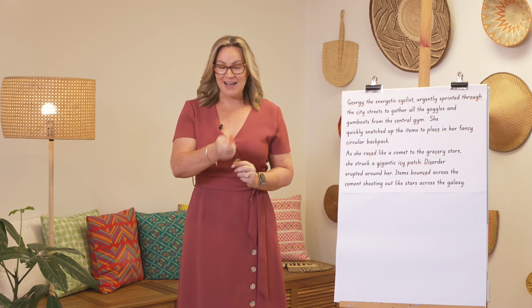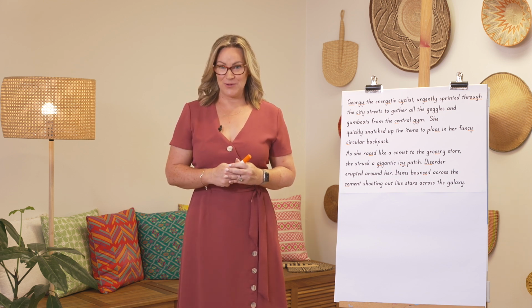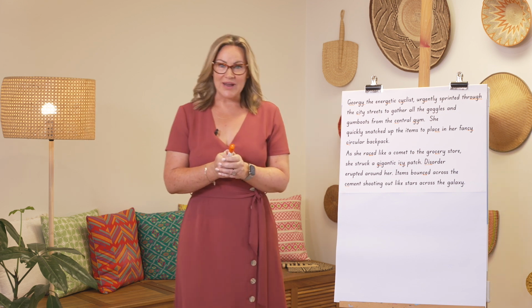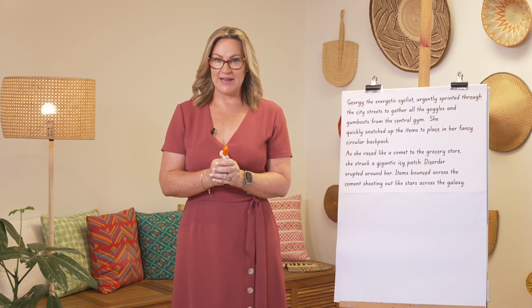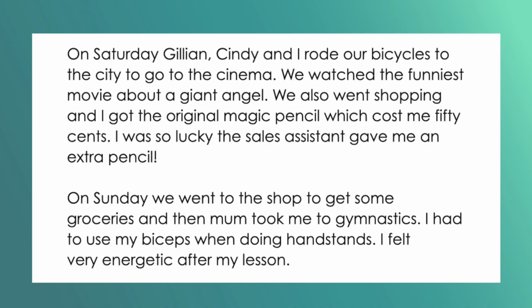Fantastic. We're at the end of the week. This is your last independent activity for the week. On your screen, you will see now 2 different reading passages. What you are going to do for your independent activity is pick one of those reading passages and redo exactly what we just did together.